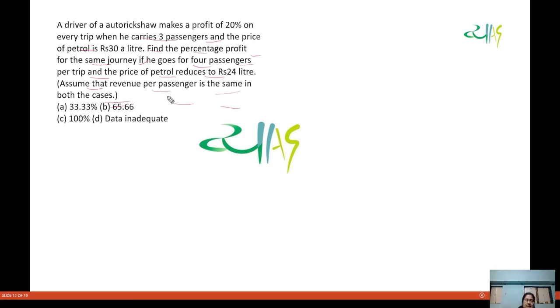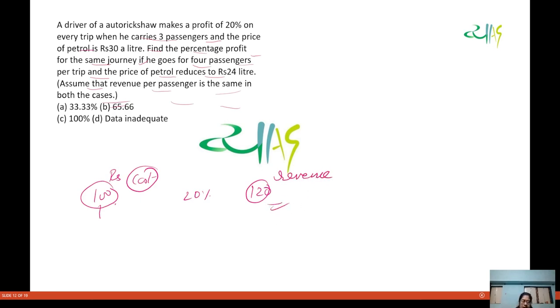Assume that revenue per passenger is the same. Okay, so let us begin with, let's say 100 rupees is the cost of carrying the passengers, petrol plus whatever. If he is earning 20% profit, then revenue is 120. Revenue means how much he is getting.